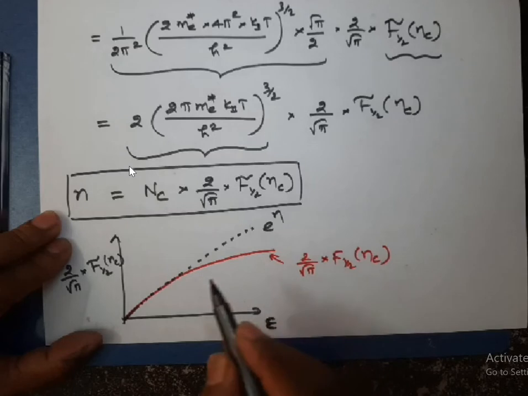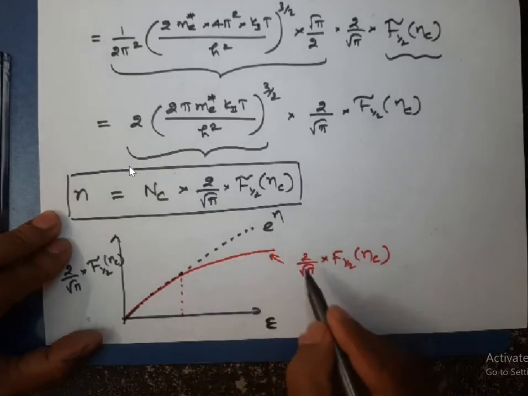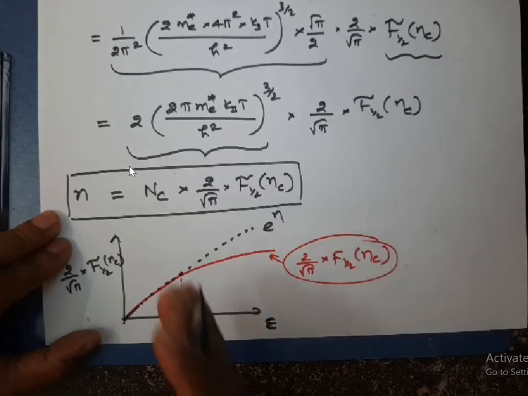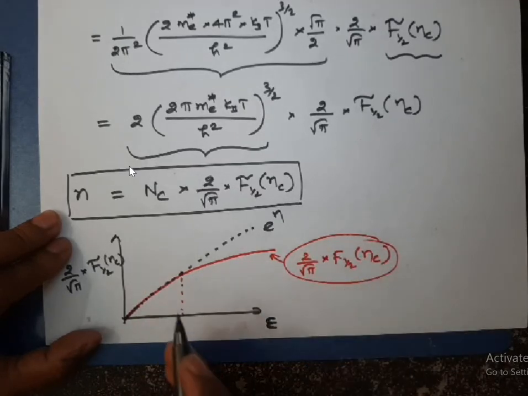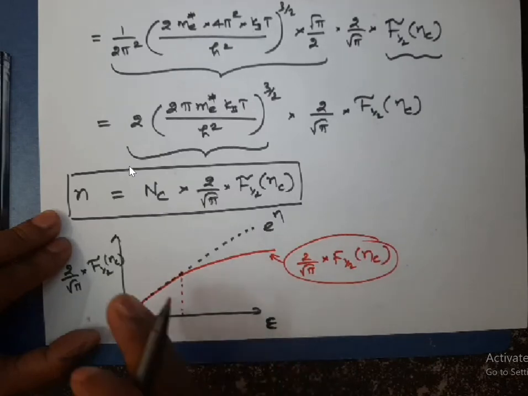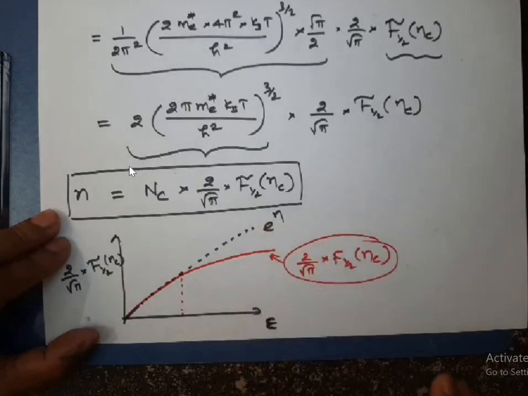But up to this point, the e^eta value and this value are almost the same. Above that it changes. Therefore, if the energy is lower than a certain value, then this quantity and e^eta are one and the same.